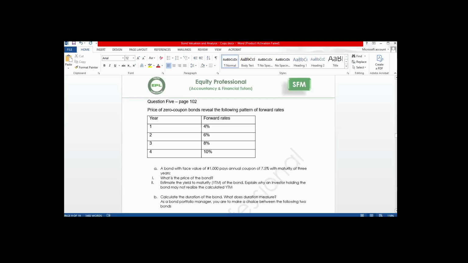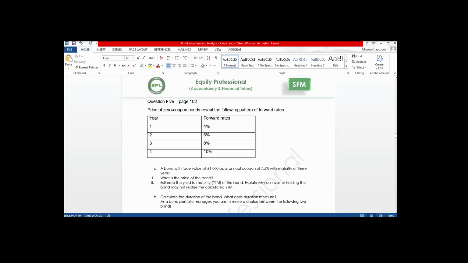The price of zero coupon bond reveal the following pattern of forward rates. Year 1 to year 4, we are given the forward rates. Requirements A. The examiner says a bond with face value of 1,000 naira. Here the examiner has specified the face value.